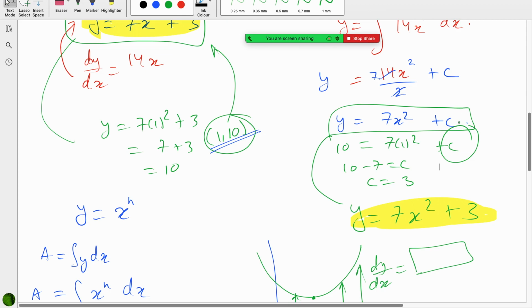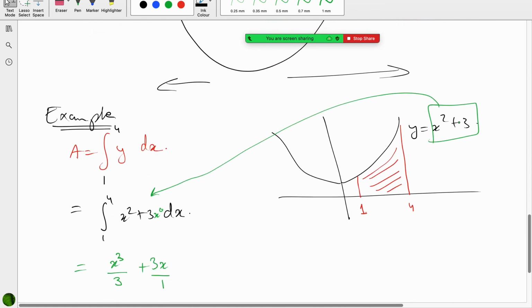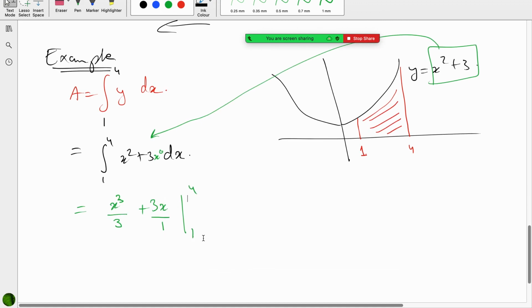In differentiation it was eliminated, so there must be a constant. When you have limits, this is known as a definite integral. In this case, we do not put a c. That would be clear in the next step. Why am I not placing this constant?